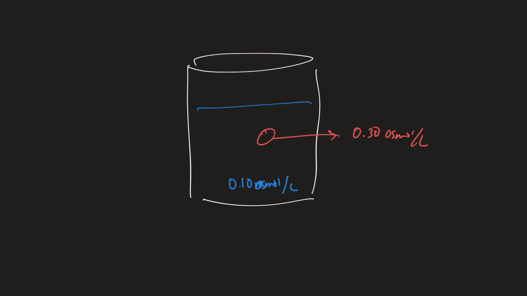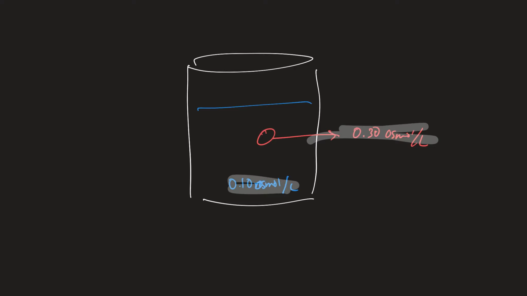Well, there's a difference in concentrations, and because of this, we know there's going to be a net movement of water. So how do you determine which direction the water is going to move? Is the water going to move from the surroundings to the inside of the cell, or in the opposite direction?